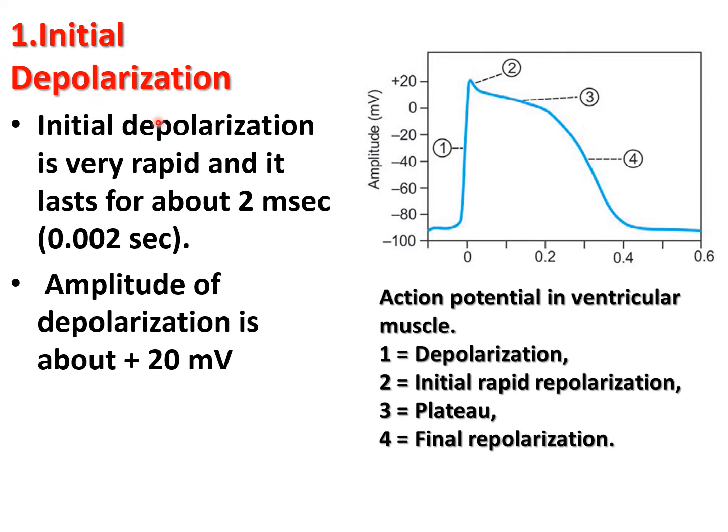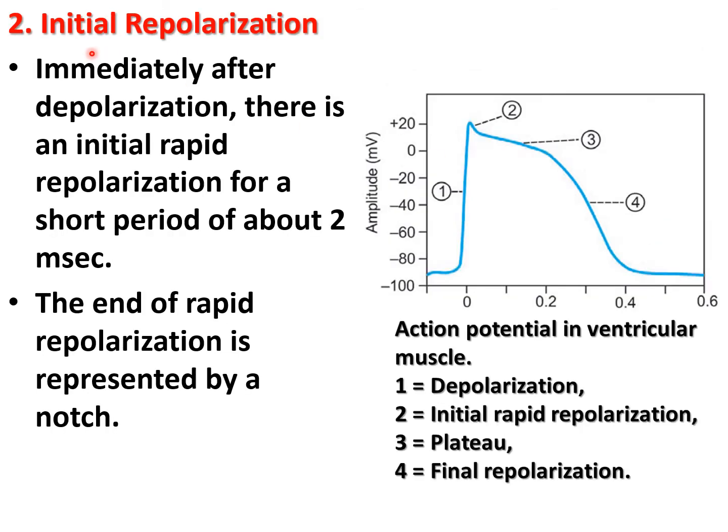So initial depolarization is a very rapid process and it lasts for about 2 milliseconds, and the amplitude of the depolarization is about plus 20 millivolt. Then the second phase, initial rapid repolarization.